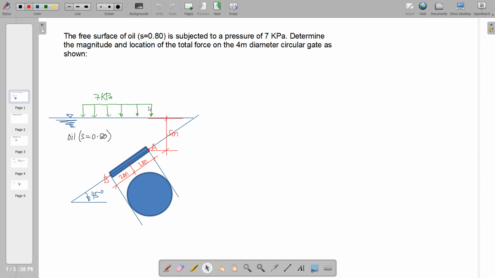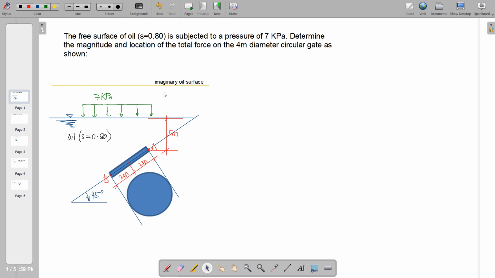surface. So in this case, we have here a surcharge at the liquid surface itself. So with that, we cannot assume that the value at the liquid surface will be 0. So therefore, there will be a corresponding head due to this 7 kilopascal, equivalent to the head of oil.